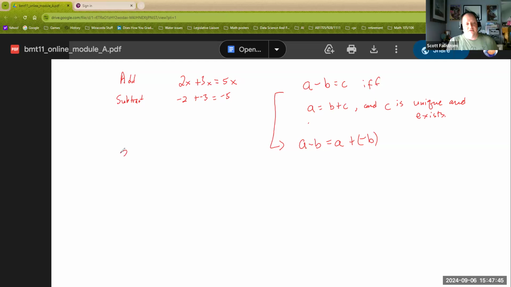If we had 3 minus -5, we could rewrite that as 3 adding the opposite. And remember, the opposite of -5 becomes +5. So that's the big picture.